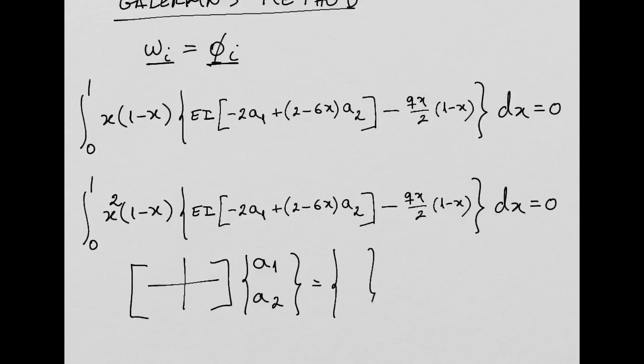And this is going to be a non-zero vector. This non-zero vector comes when you do the integral, when you multiply, for example, x times 1 minus x with this term here and send to the right hand side. This is what is going to occupy this place. Yeah?